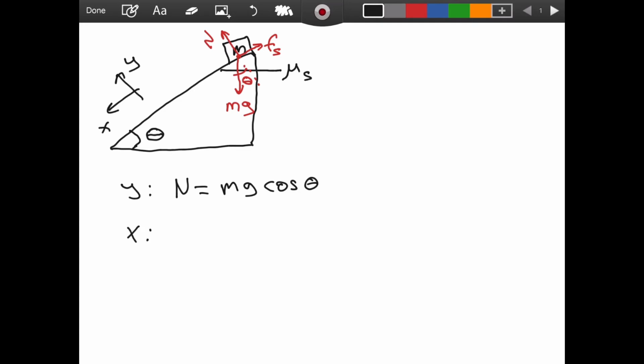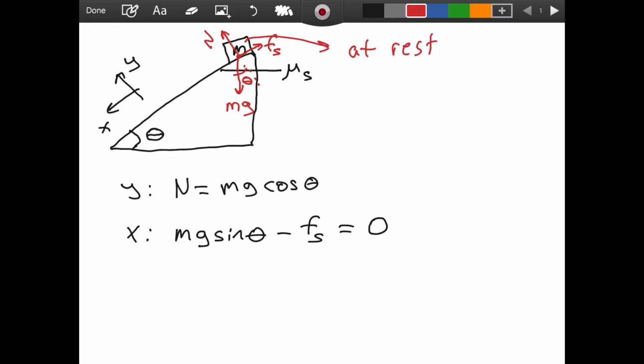So we will have mg sine of theta minus the force of static friction. This will be equal to 0 because at this point, the object, our mass, is at rest. So there is no acceleration, which means that the net force in any direction should be 0.